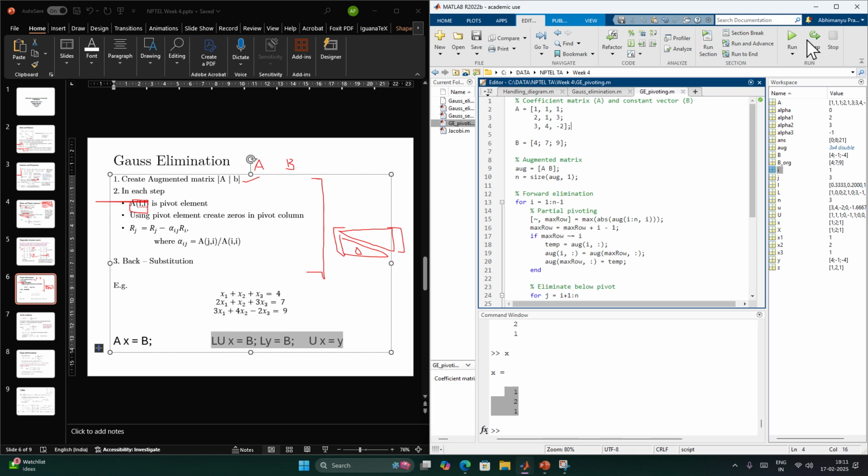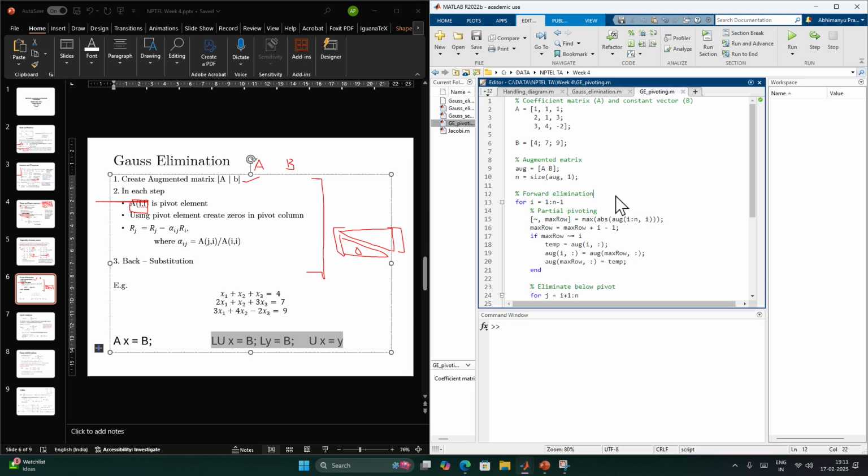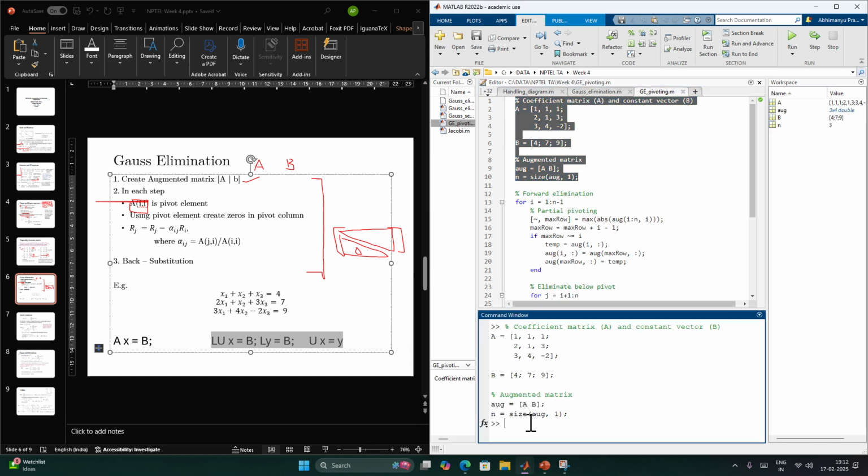If I run this whole command, first let me clear. Right. So if I run this whole command now, first I will run this section. So this is the matrix before the pivoting.